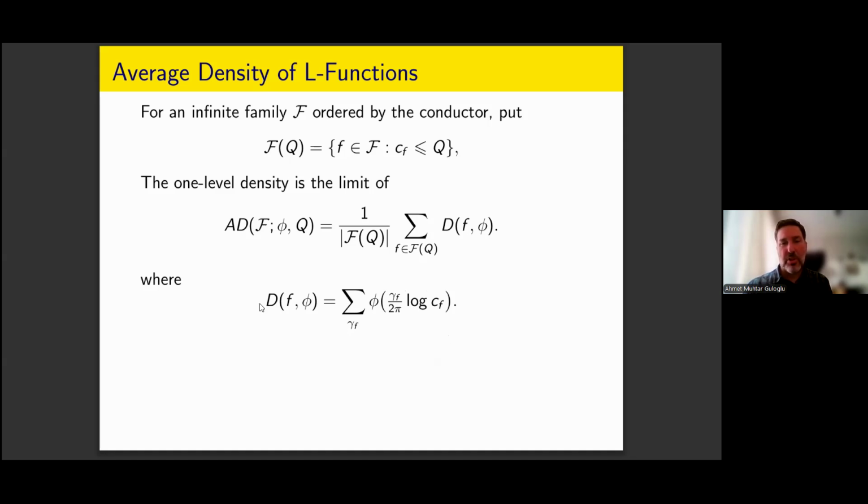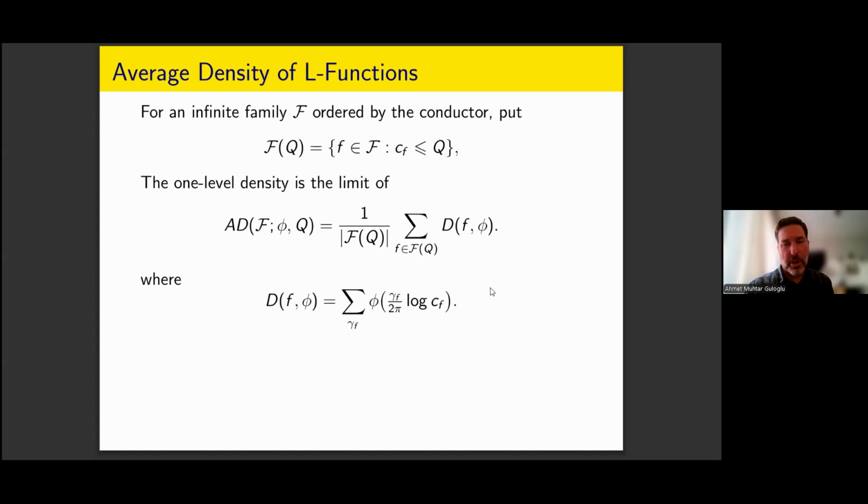But because there is a finite number of zeros only, you have to average all of these over the family and then look at the ratio of this versus the size of the family and see what happens when q tends to infinity. So is there a limit for this?